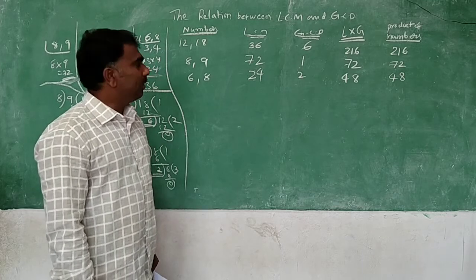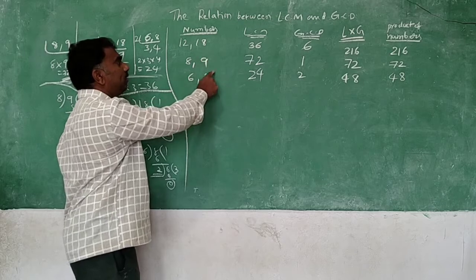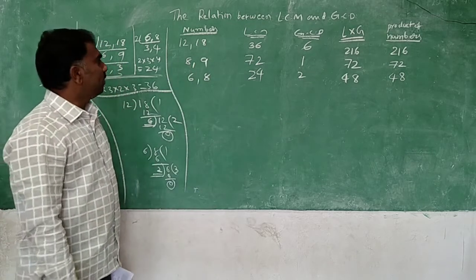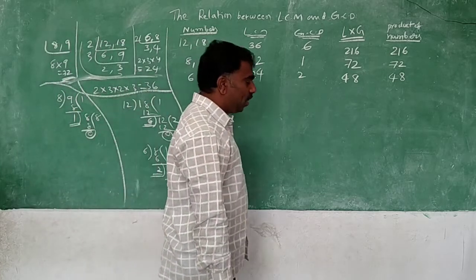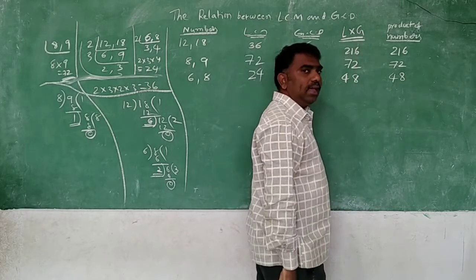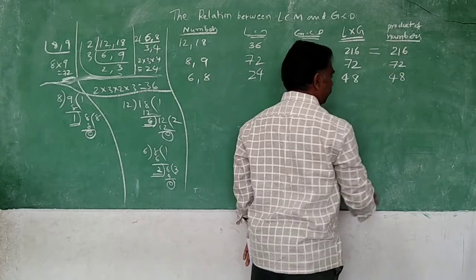Always, whatever examples I have taken, I have taken three different examples, and in every example I have found that LCM into GCD is always equal to the product of the numbers.